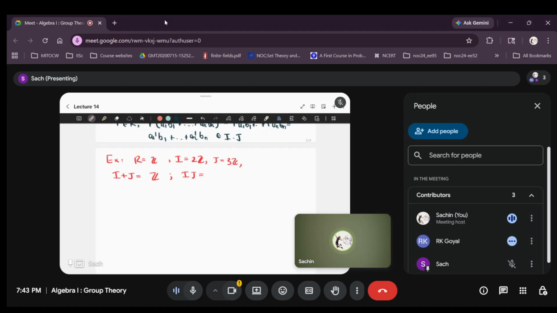It is the linear combination of products, the sum of products. One first term should be from 2Z, so it should be a multiple of 2. The second term is from 3Z, so it's a multiple of 3. So each product will be a multiple of 2 times 3. So it will be 6Z.